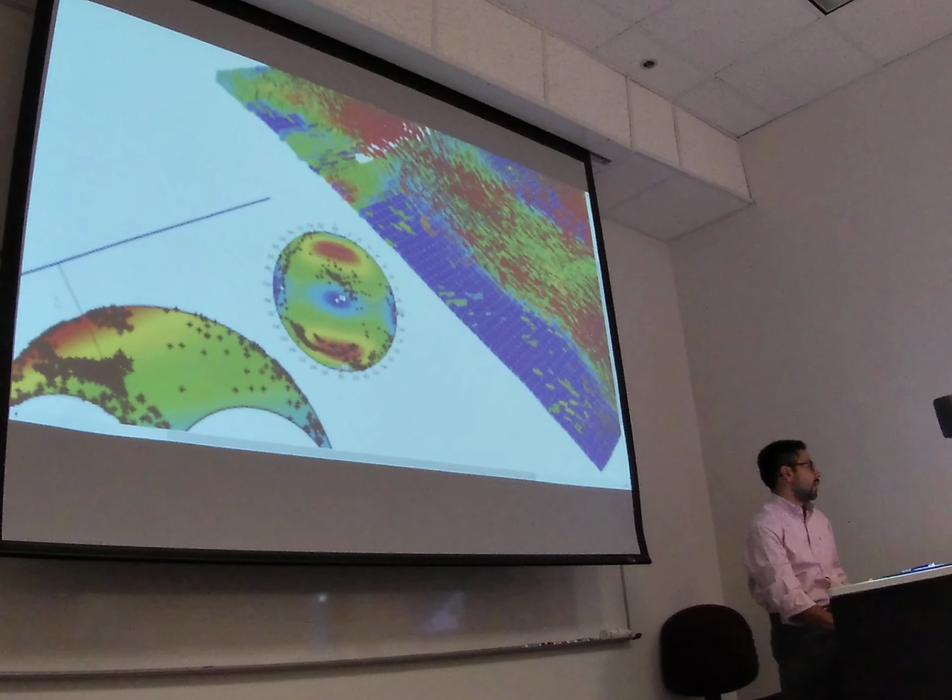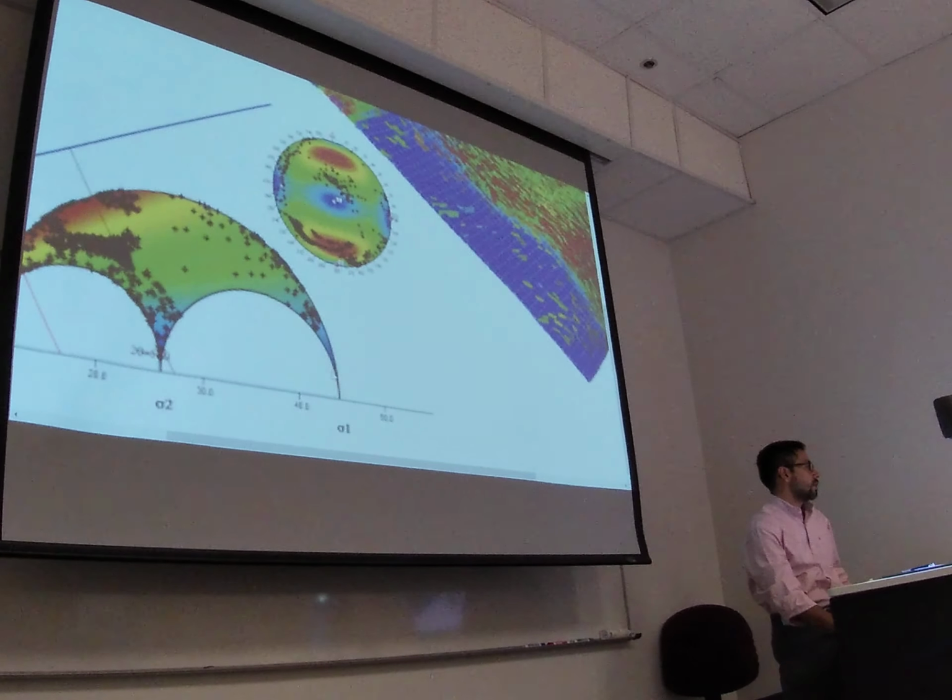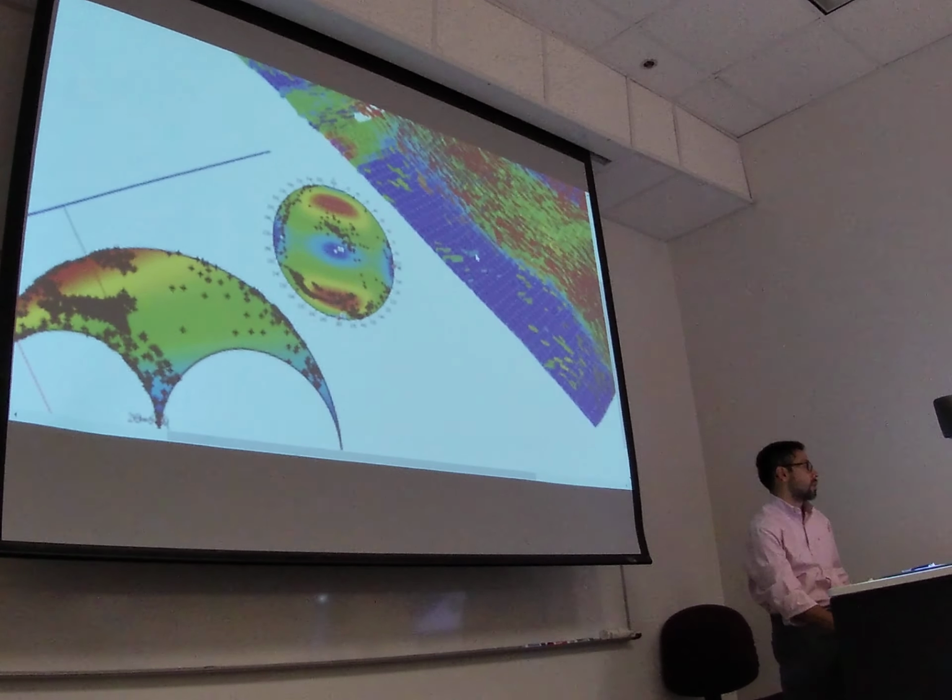The ones in green are these green ones here, and the blue ones, there are not many of them, but there are a few, are those ones. You see that this one is perpendicular to the red. That's because it has a different orientation. It has a less likelihood to be reactivated in shear.